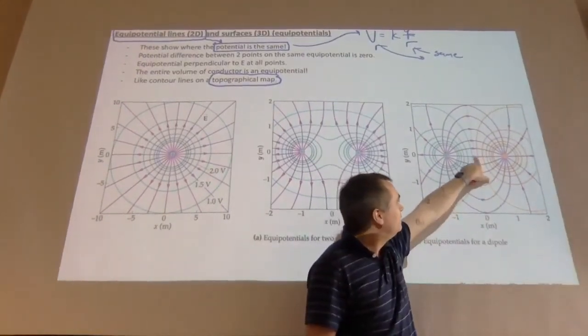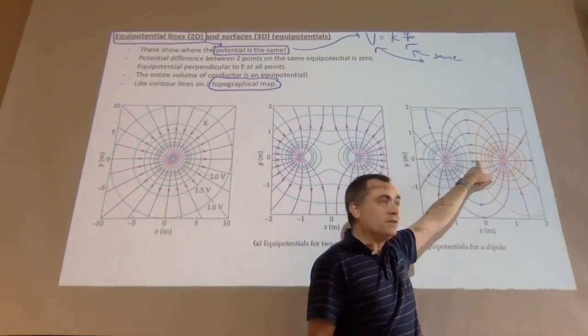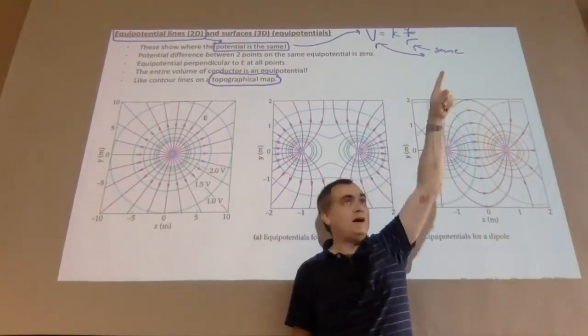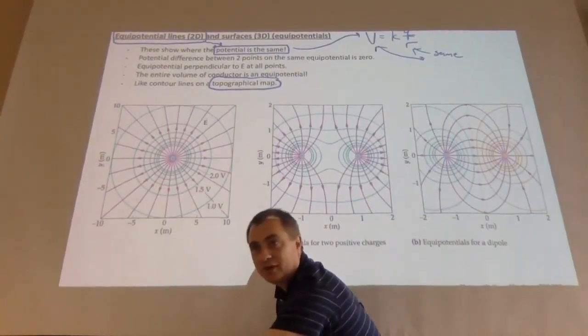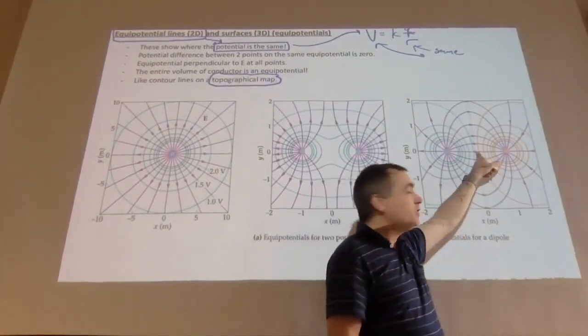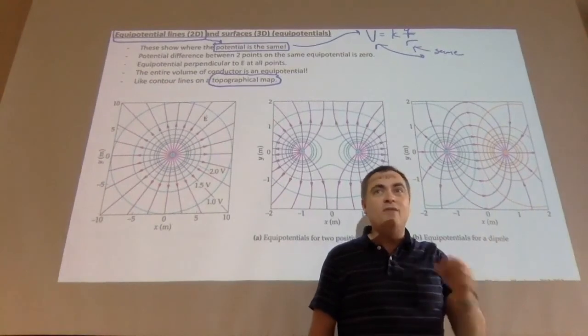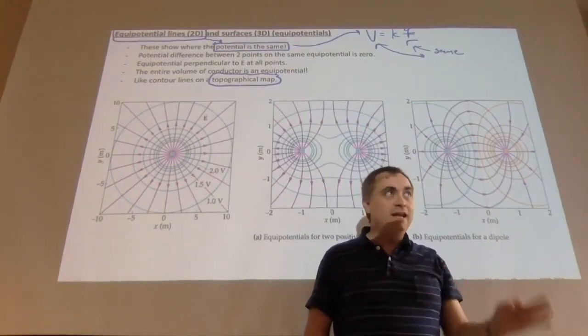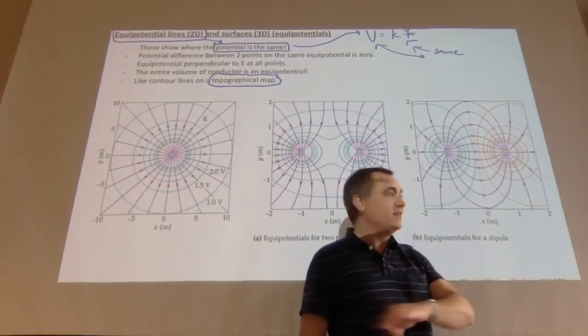But right in the middle, there is an electric field because something's going to want to go from high down to the low point, okay? There's still an electric field in the middle because there's a slope in the potential, where the negative slope of the potential is the electric field.